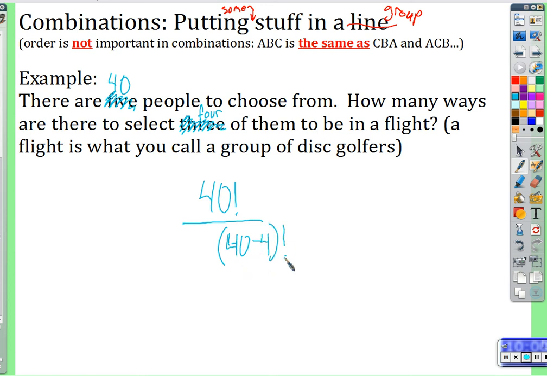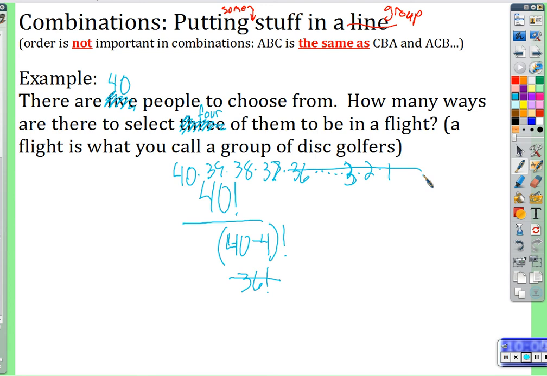This is 40 times 39 times 38 times 37 times 36, and all the way down to 3, 2, 1. So 36 factorial would get rid of all of those.